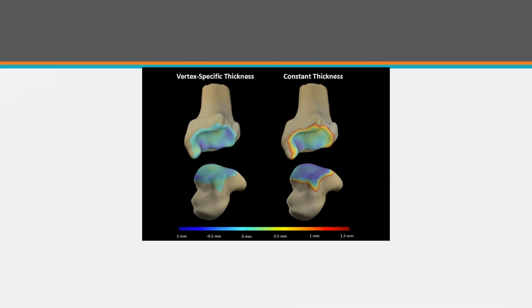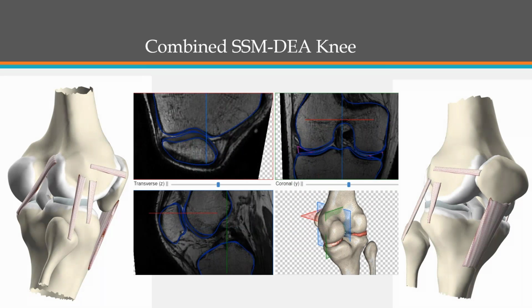One more figure on the way that we're actually implementing these cartilage thicknesses. In the ankle joint as well, we saw that using a constant thickness layer would result in a severe underestimation at the center of the talus and overestimation at the edges, compared to a more vertex-specific population average thickness layer, which fits the subject much better.